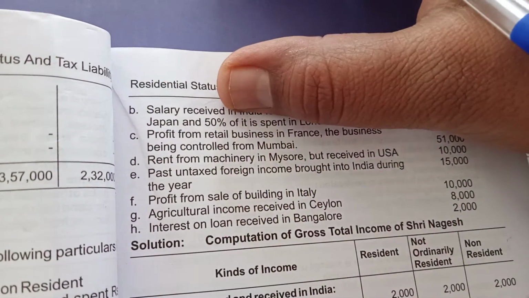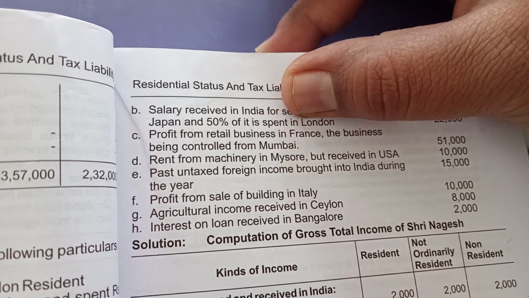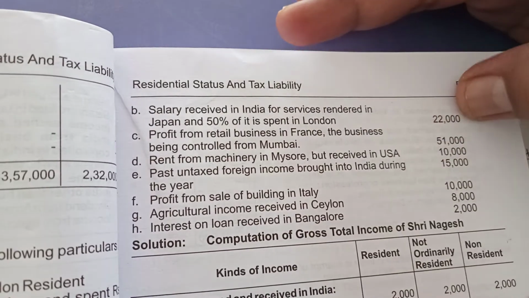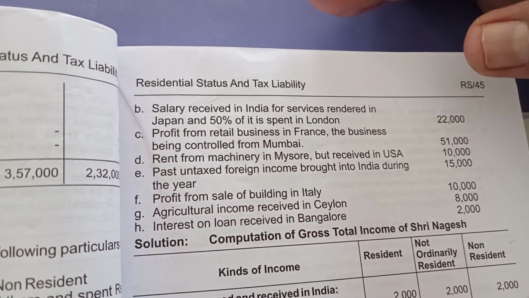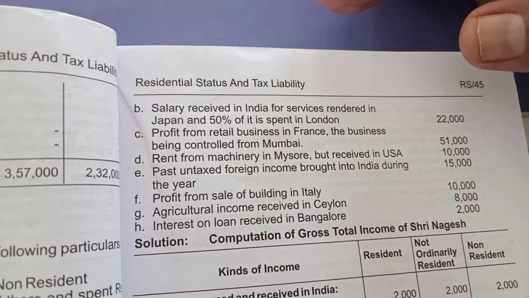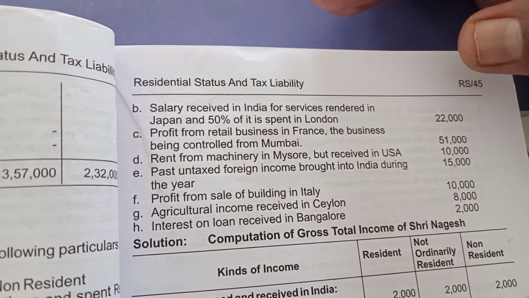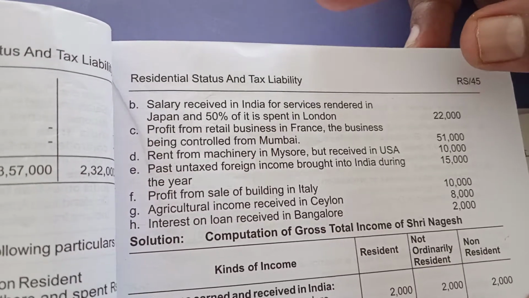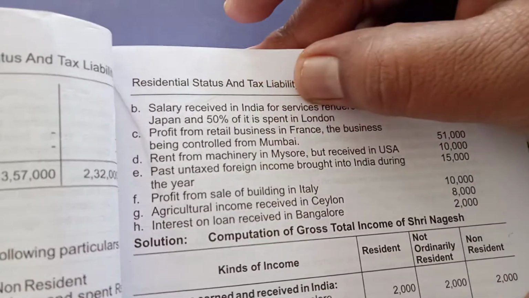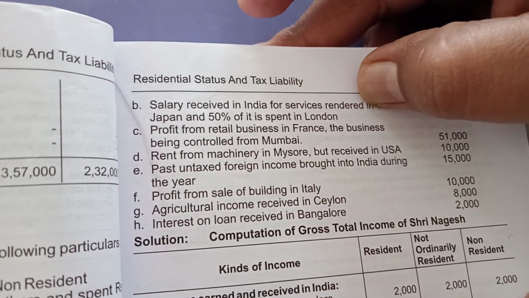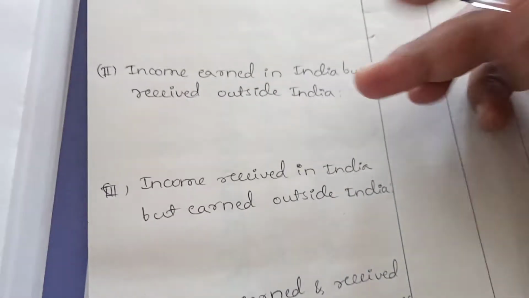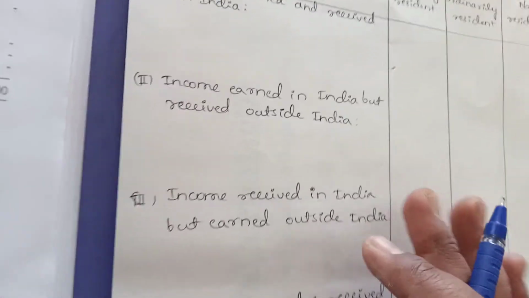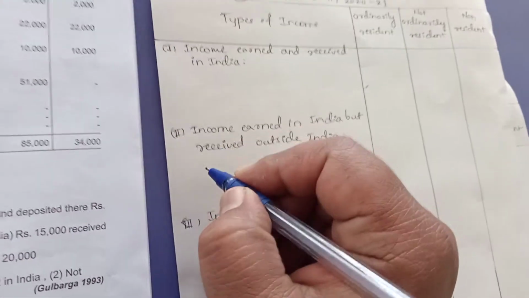After that, it is given that 50% of it is spent in London, 50,000 has been spent in London. That we are not going to consider. Whatever income so arises, that should be accounted. That is why it is received in India but earned outside India. Here I am going to show it under the third income head. What am I going to write?